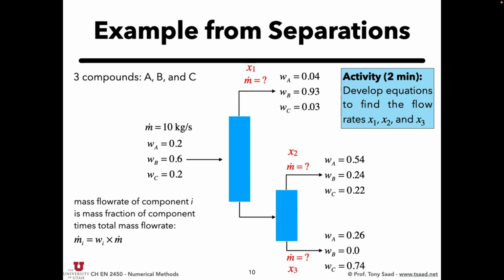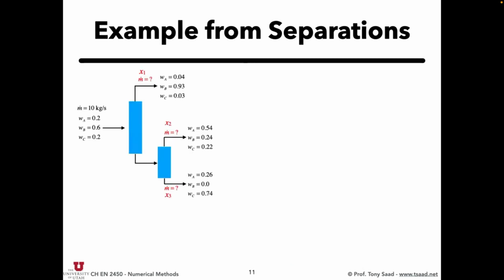So, you got the idea. The same way we conserved the total mass of what's coming in and what's leaving, by saying that 10 kilograms coming in should equal x1 plus x2 plus x3, the mass distributed across the different separation columns, the same thing applies for each compound.